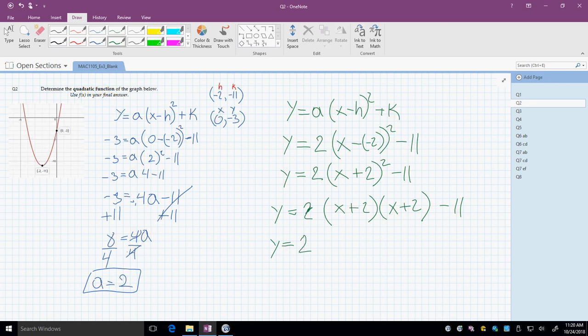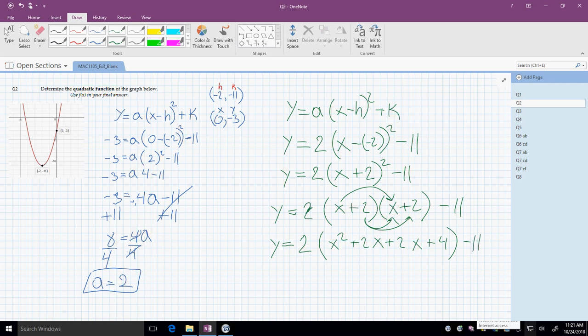So x times x is x squared. Then x times 2 is 2x. And here, 2 times x, 2x. And then 2 times 2 gives me 4. Close parenthesis, minus 11.